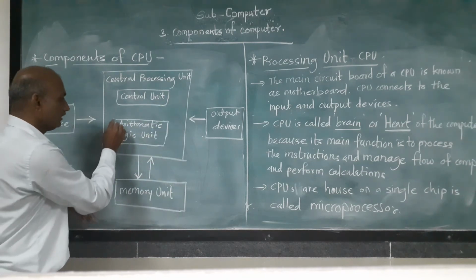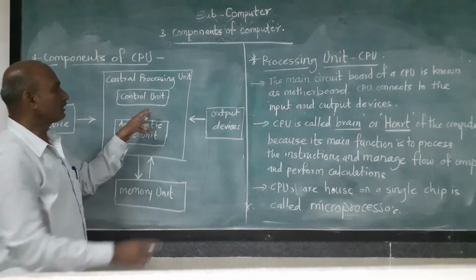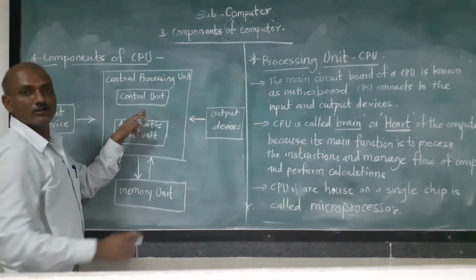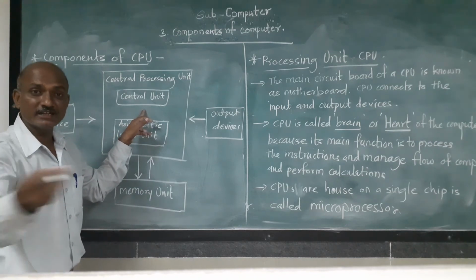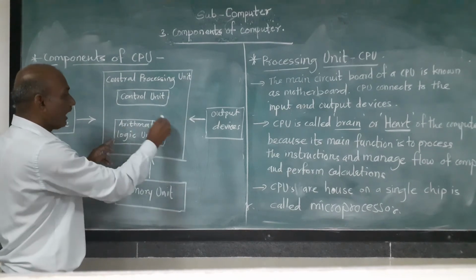Calculation is done in the arithmetic logic unit, and all the parts of the computer are controlled by the control unit. The different parts attached to the CPU are controlled by the control unit.